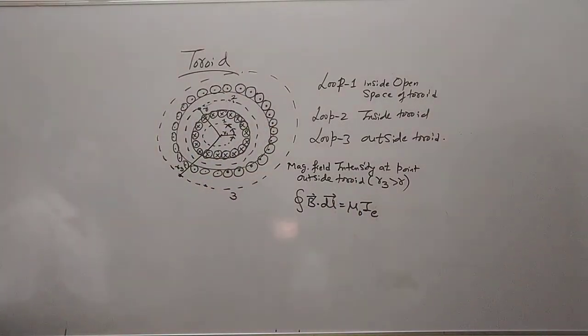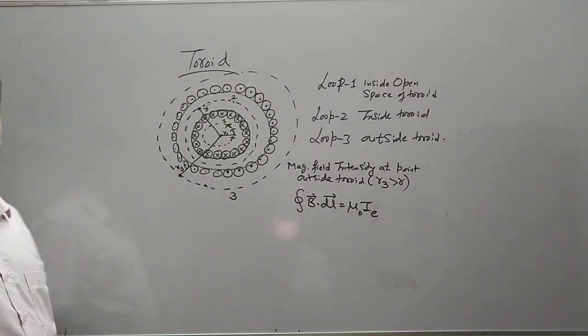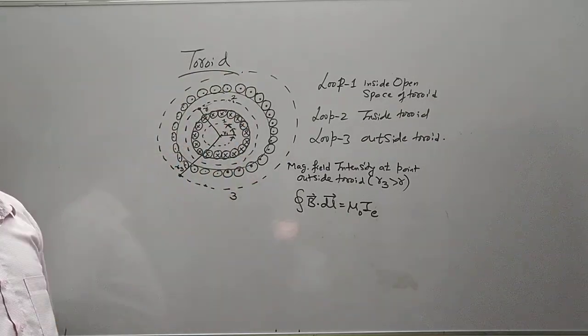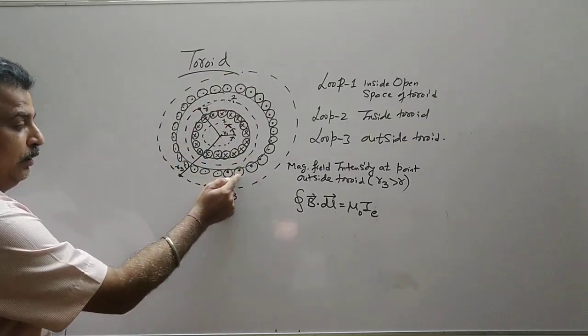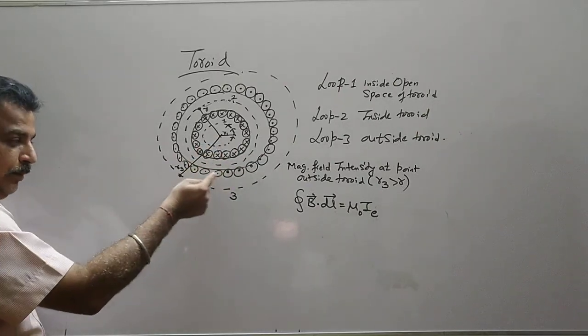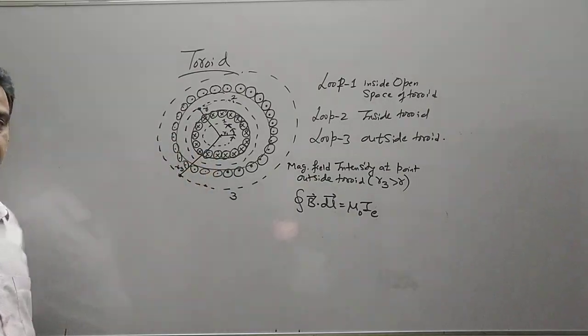Now when we see the geometry, it seems that the current is flowing in the loop. All these currents are inside the Amperian loop. Here it is coming out, going in, coming out, going in, then coming out from this loop, going in, then it comes to this, comes out, like this.